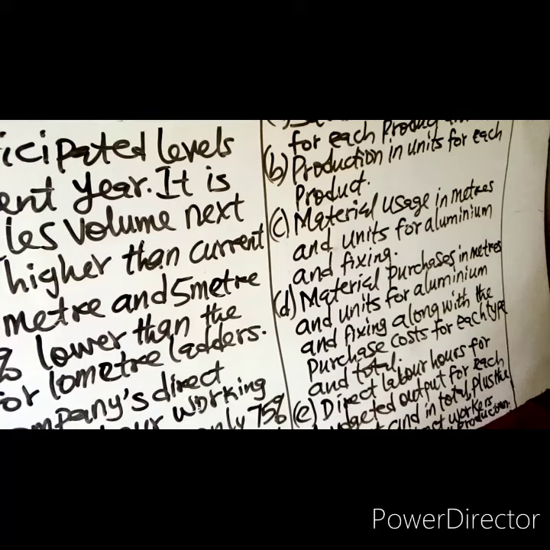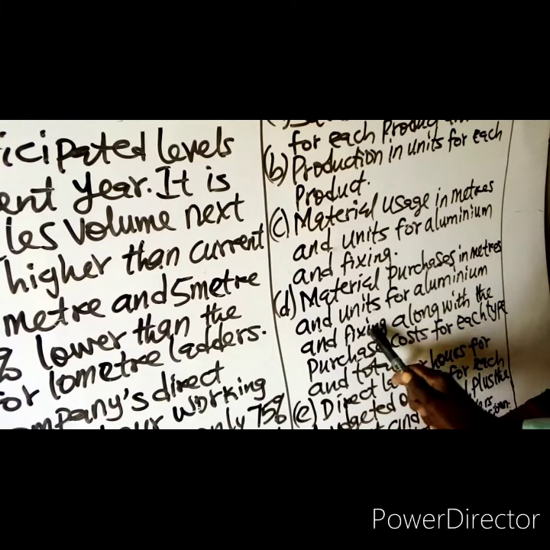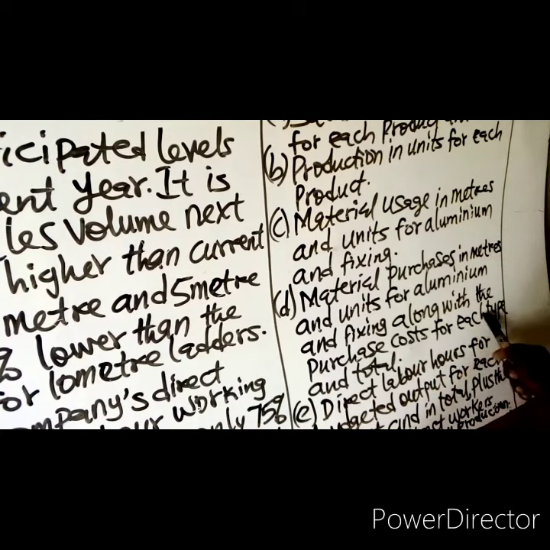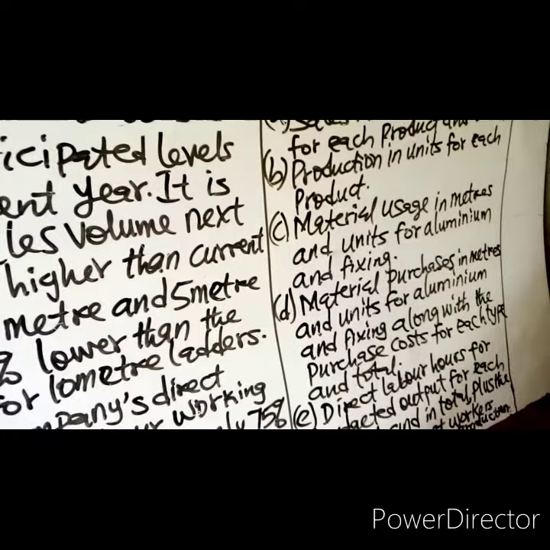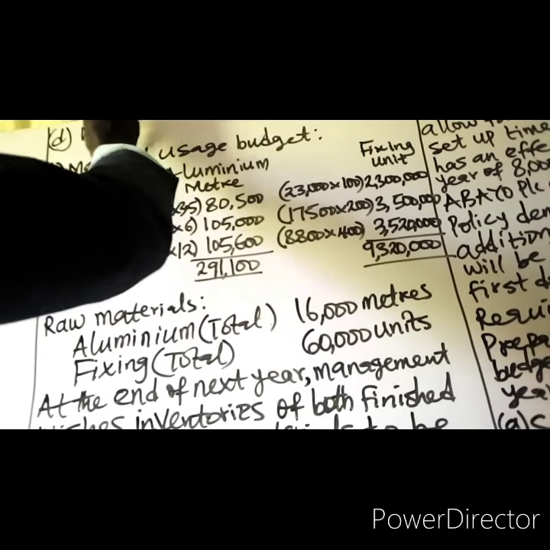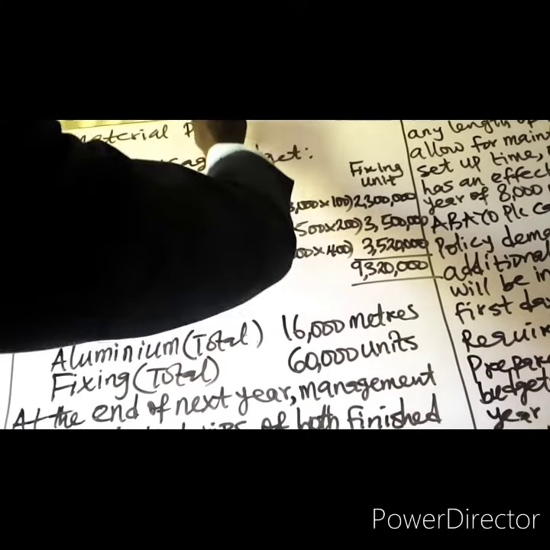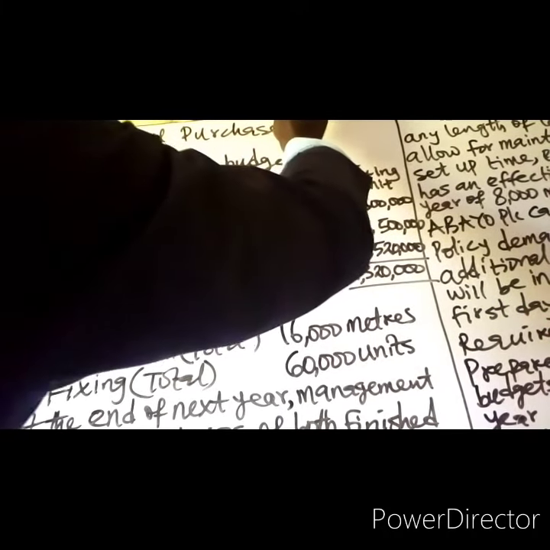Requirement D. Material purchases in meters and units for aluminum and fizzing, along with the purchase costs for each type and total. You want to prepare the material purchase budget.